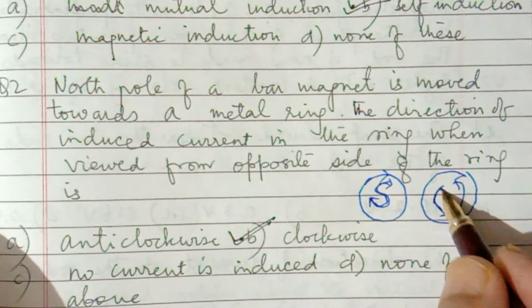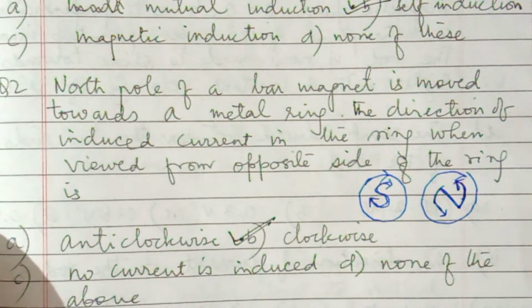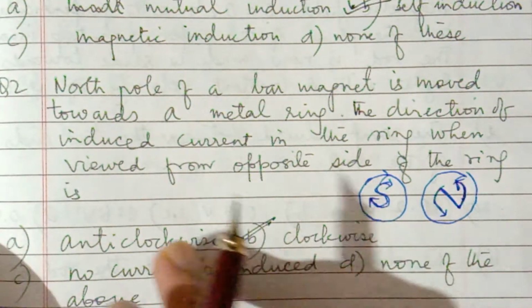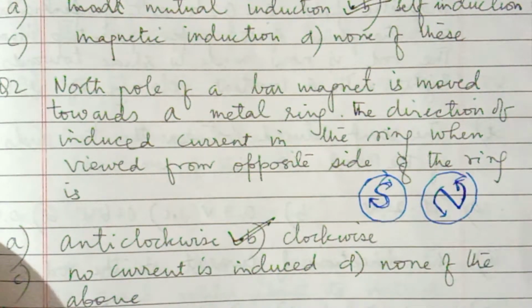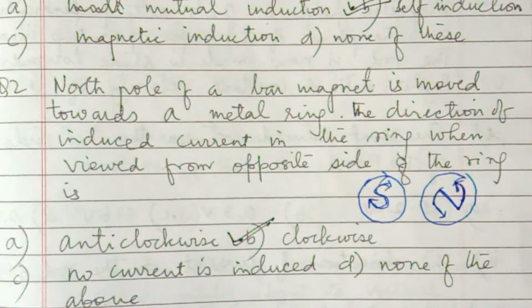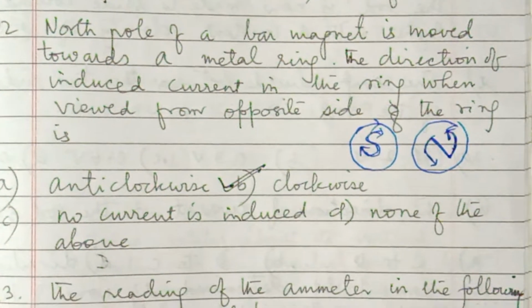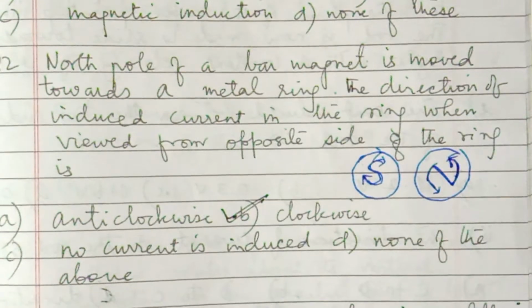For north, you write N like this and put the arrows: anti-clockwise. Then the answer would be anti-clockwise if you view from the same side. But if you view from the other side, then it is south pole, so it is clockwise direction. So this is according to Lenz's law. Okay, we'll go to the next question.